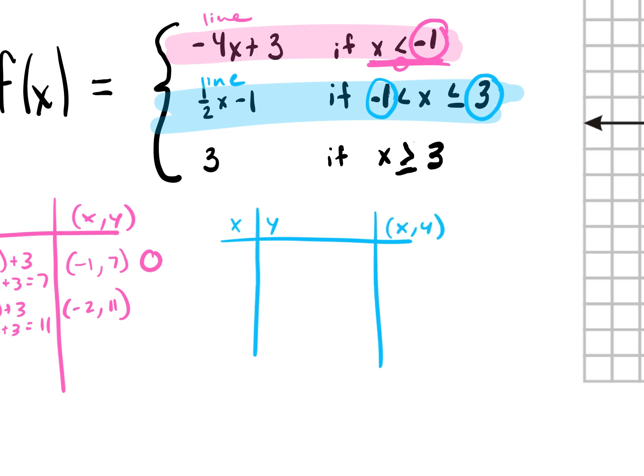So what's the first number I want to plug in here? Negative 1. So I have 1/2 times negative 1 minus 1. This would be negative 1/2 minus 1. If it helps, you can leave it as a mixed number. This would be negative 1 and 1/2. So I have negative 1, comma, negative 1 and 1/2.